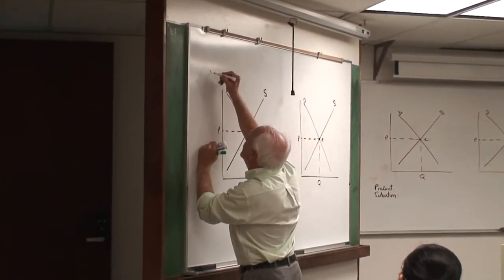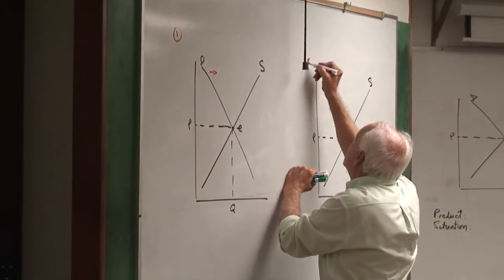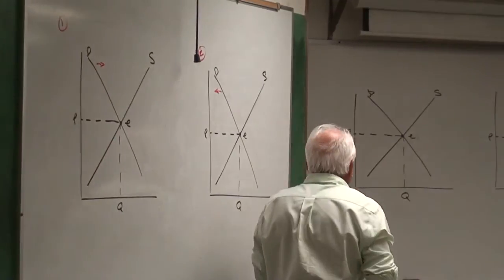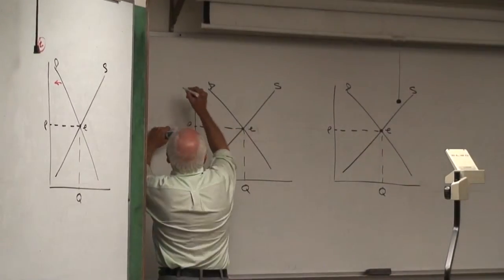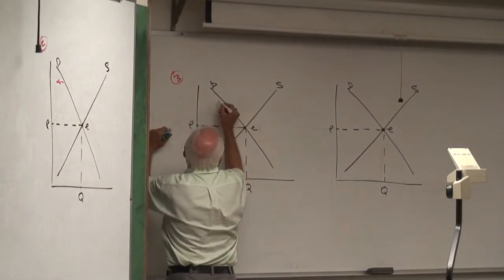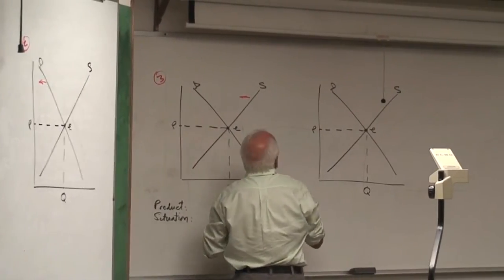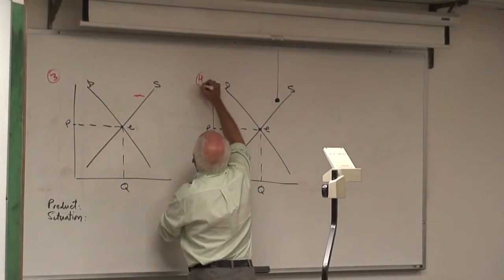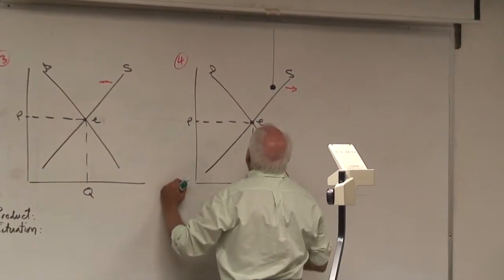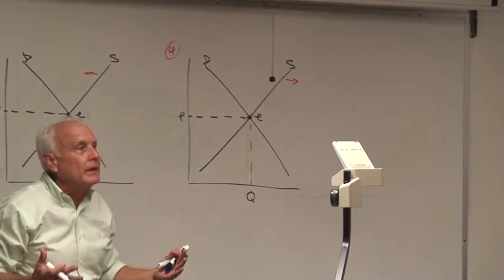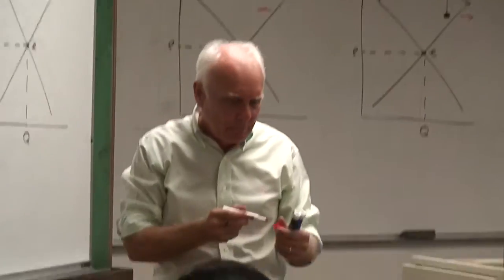We'll call this 1. 2, the demand could decrease. That's 2. 3, the supply could decrease. And 4, the supply could increase. So those are the 4 things that can throw it out of equilibrium.